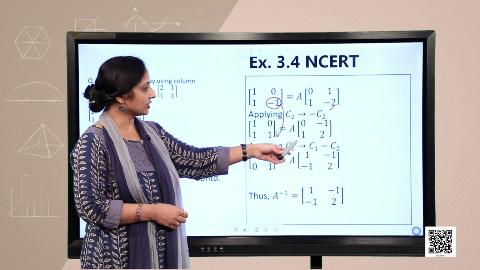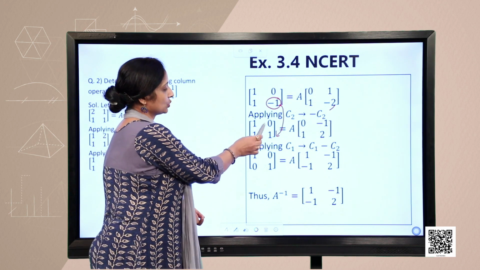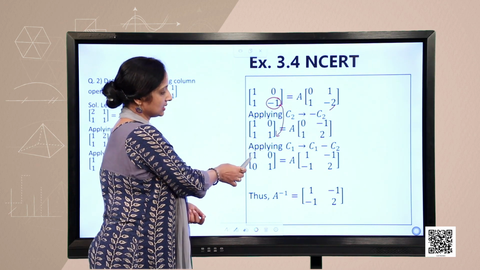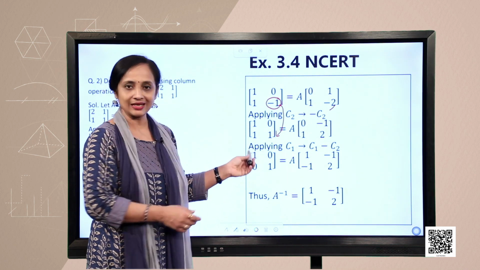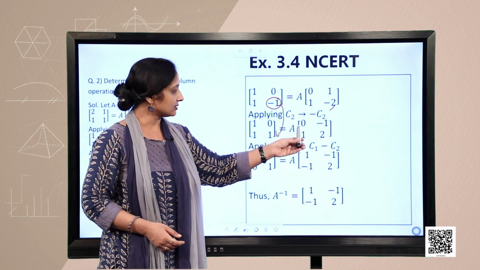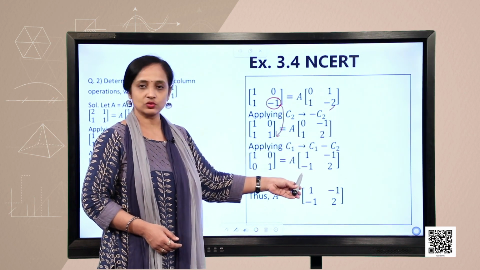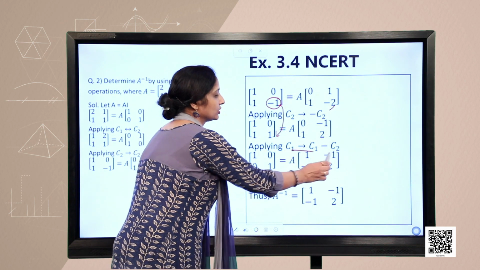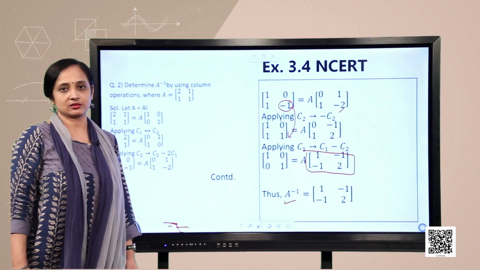Then applying C1 changes to C1 minus C2. That means this becomes 1 minus 0, this becomes 1 minus 1. So in turn you are getting the identity matrix here. The same thing is happening here: 0 plus 1, 1 minus 2. So this is going to be our answer and this is our A inverse.